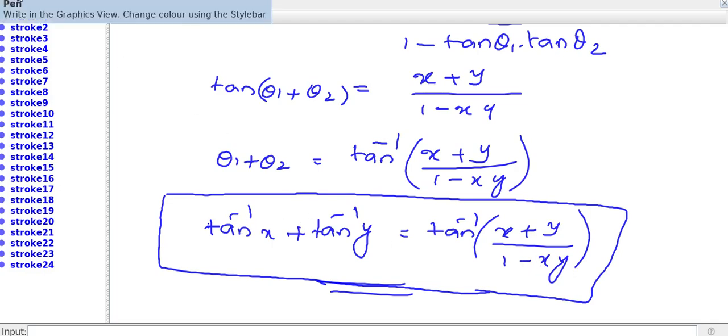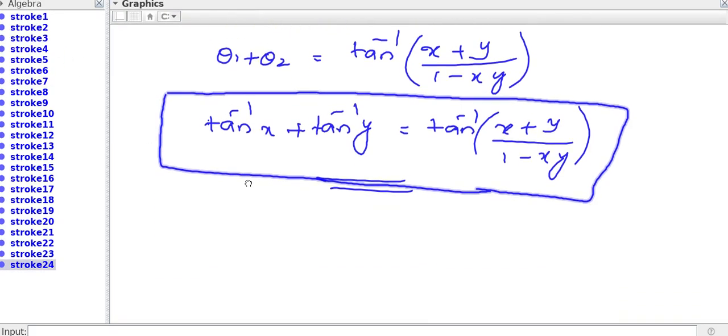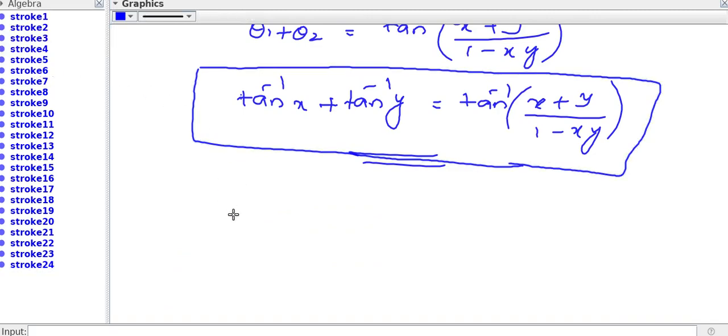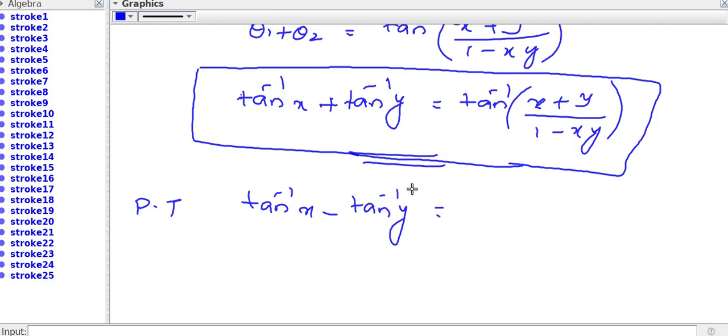And in a similar fashion, you can prove one more problem that you can do as homework. Prove that tan inverse x minus tan inverse y. And can you guess the answer here? Because plus is already here.